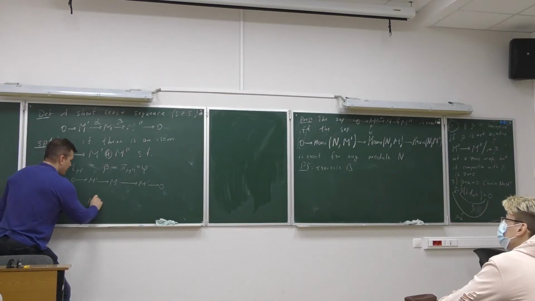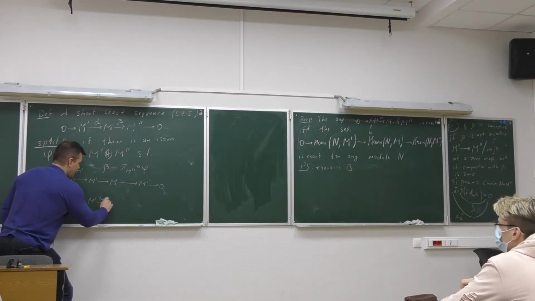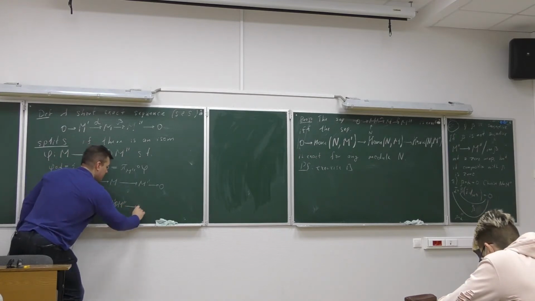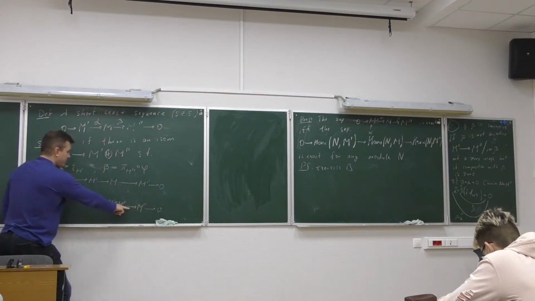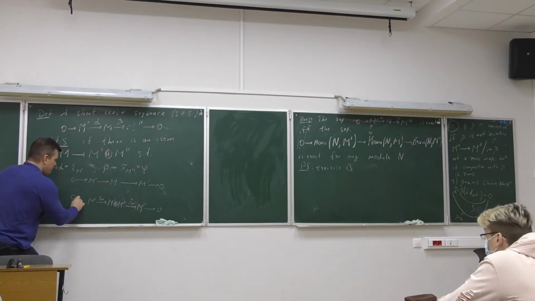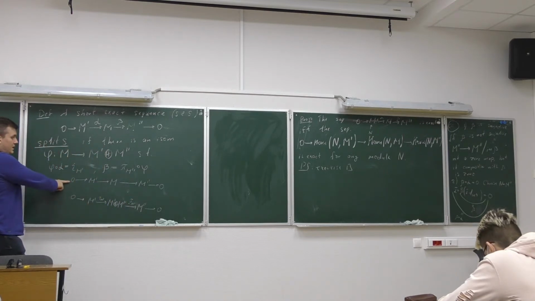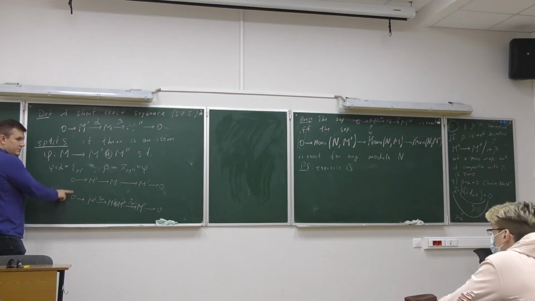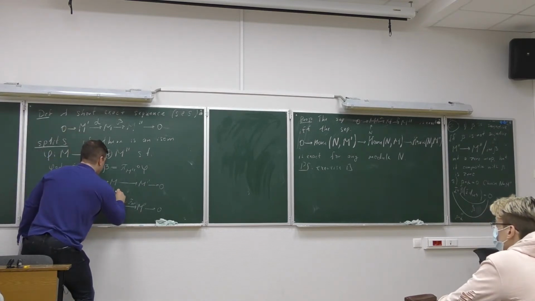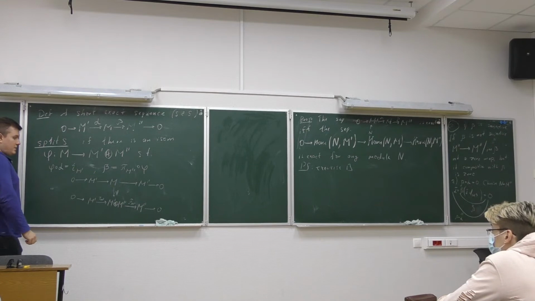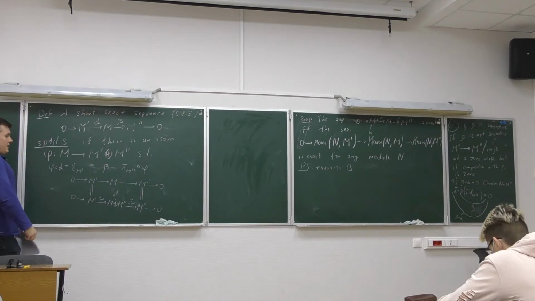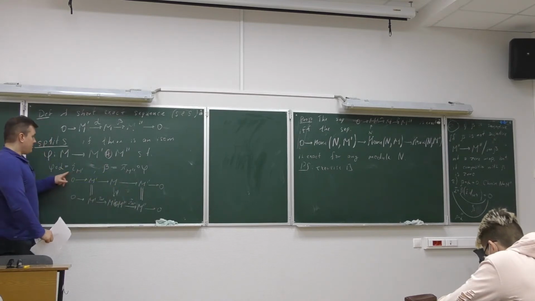M prime is embedded into the direct sum, and then there is a projection on the second factor of this direct sum. So this is pi M double prime. The fact that the short exact sequence splits means that there is an isomorphism between these two exact sequences. And an isomorphism, as we agreed, has to be a map such that all the squares are commutative. But here, these two maps are just the identity map, and the commutativity of these two squares gives exactly these two conditions.